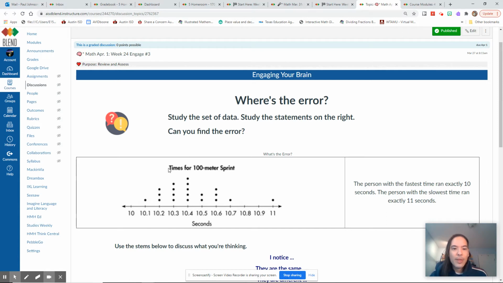So these are times for 100-meter sprint. Once again, this is how long it took these people to finish their race. One person finished the race in 10 and 1/10 seconds. One person finished the race in 10 and 2/10 seconds. Four people finished the race in 10 and 3/10 seconds.